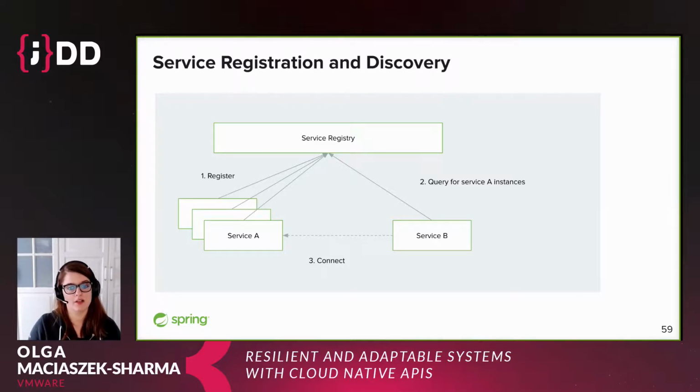So then, when a service wants to connect to another one, let's say service B wants to send a request to service A, it will first query the service registry for the instances of service A. And then once it knows what the healthy instances are, and usually once it has selected the instance using some kind of client-side load balancing mechanism, it sends a request and gets a response.